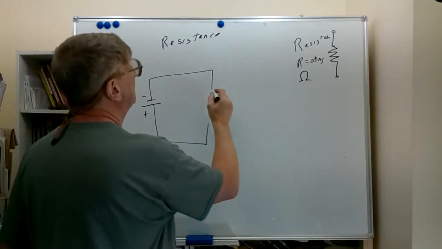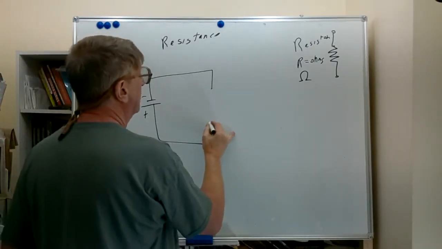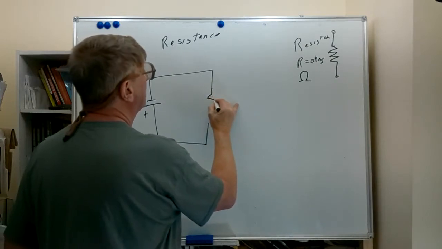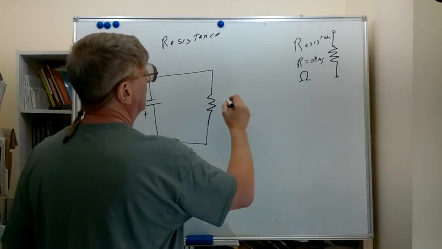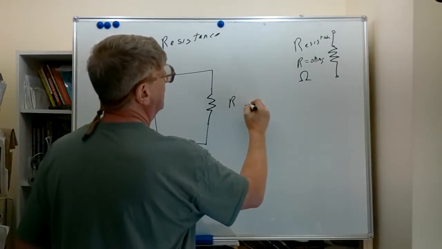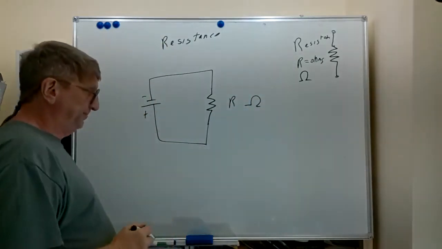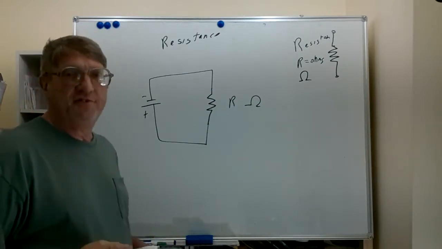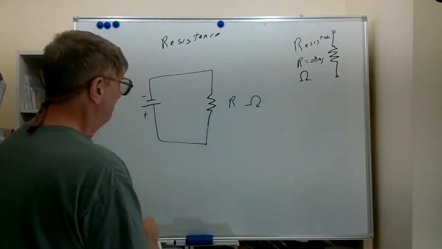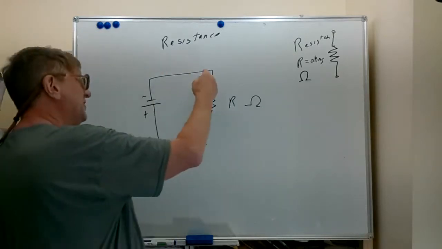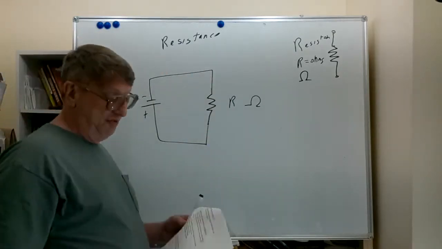But by putting a resistor in here, we're basically able to control and reduce that current flow. R in ohms. I sometimes think of resistance as kind of like electrical friction. And like electrical friction, it will create heat when you pass current through that resistor.